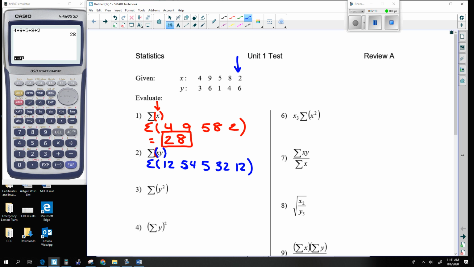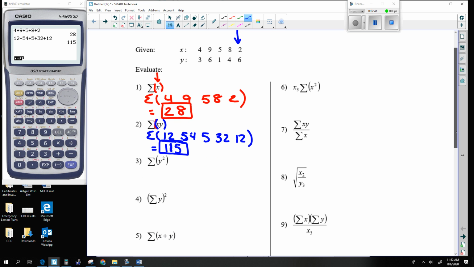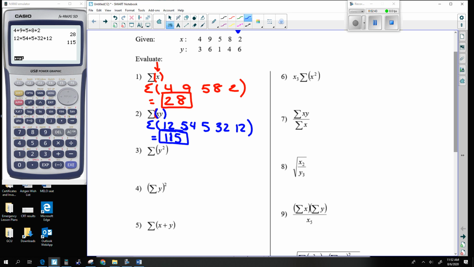So those are the x times y's, and then I just go ahead and add those together. And that, my friends, is a summation. When you get to your answer, my advice is highlight the answer in some fashion, like square it up or something like that, so I know what is your answer compared to what is your work.